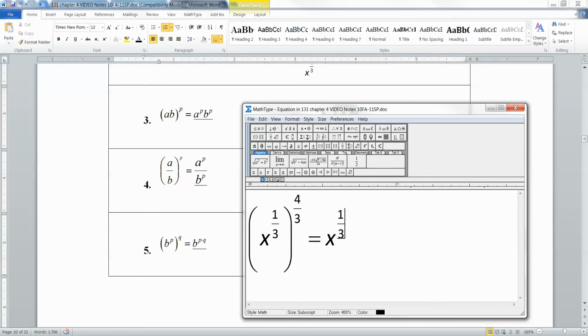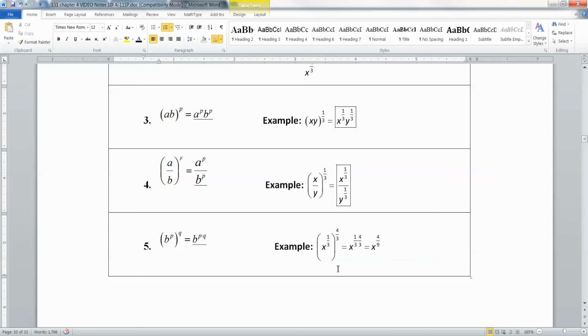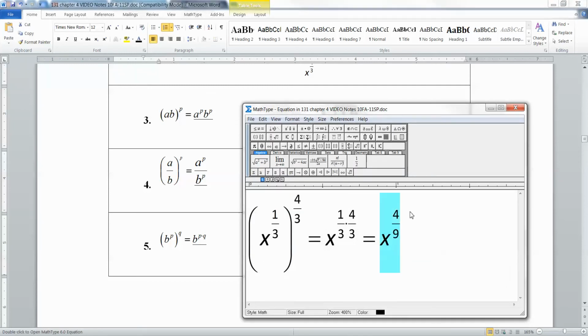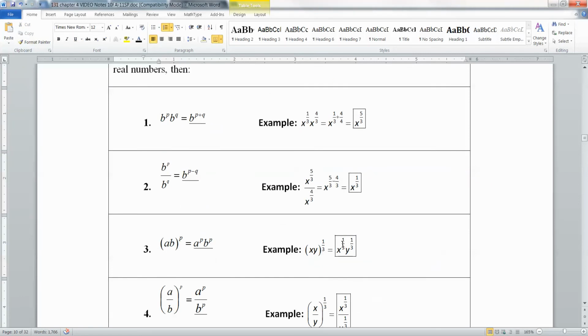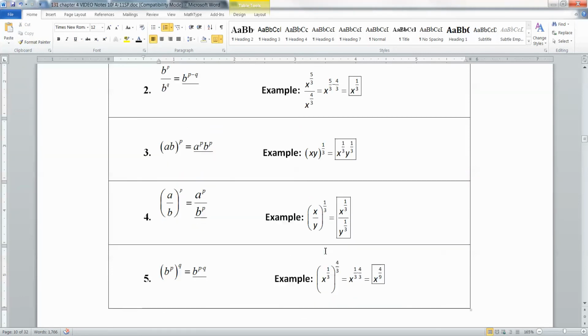So you'd say 1/3 times 4/3, which would make x to the, everybody remembers the rules, 4 times 1 is 4, 3 times 3 is 9. Okay, so there are the rules of exponents again, and they work for fractions just like they did for whole integer numbers. Same rules, they still apply.